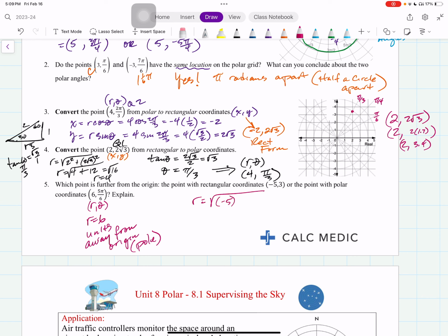So you have to take the square root of (-5) squared plus 3 squared, and simplify it. It's the square root of 25 plus 9, which gives you the square root of 34. And the square root of 34 is less than the square root of 36, which is 6. So this number here is less than 6 units away from the origin.